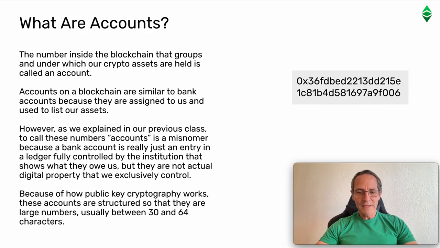However, as we explained in our previous class, to call these numbers accounts is a misnomer because a bank account is really just an entry in a ledger fully controlled by the institution that shows what they owe us, but they are not actual digital property that we exclusively control. Because of how public key cryptography works, these accounts are structured so that they are large numbers, usually between 30 and 64 characters.